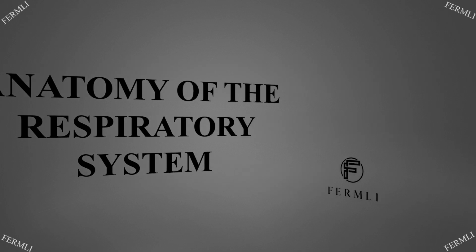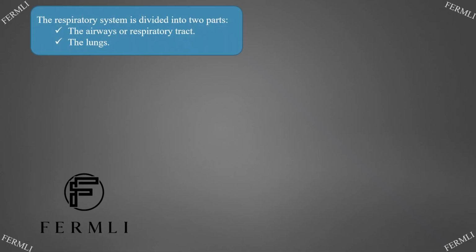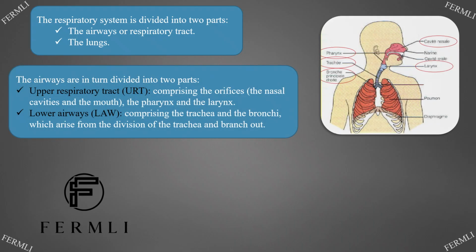Anatomy of the respiratory system. The respiratory system is divided into two parts: the airways or respiratory tract, and the lungs. The airways are in turn divided into two parts: upper respiratory tract, URT, comprising the orifices, the nasal cavities and the mouth, the pharynx and the larynx.